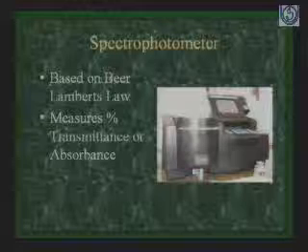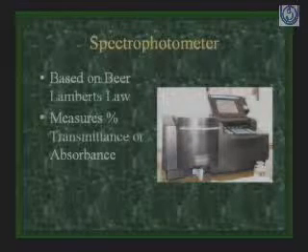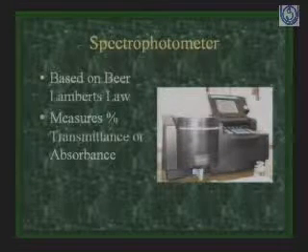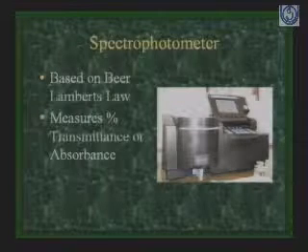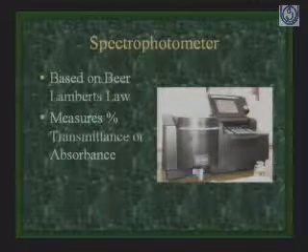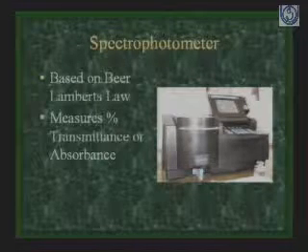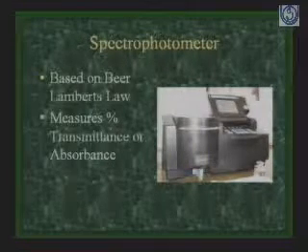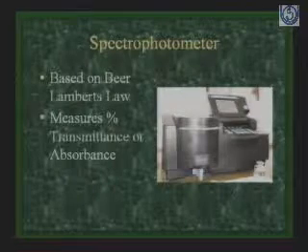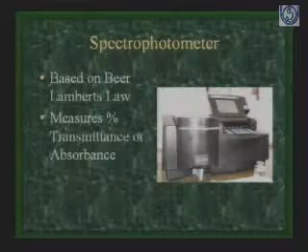Transmittance versus absorbance is inversely proportional. So you can measure the color of a product by spectrophotometer at a particular wavelength, in the visible range, where you can measure the absorbance.